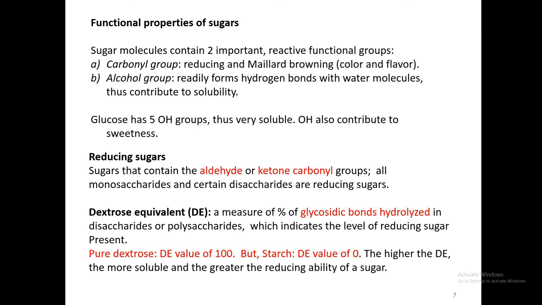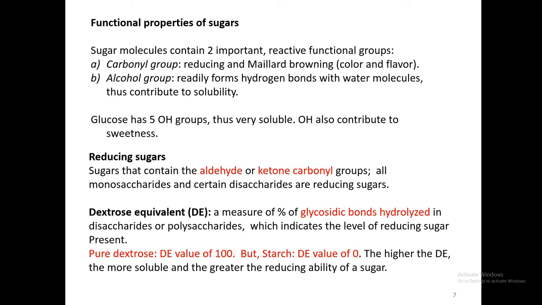Okay, then we have this reducing sugar, which is the sugar that contain aldehydes and ketone carbonyl groups. All monosaccharides and certain disaccharides are reducing sugar. All. A good example will be glucose is reducing, well, xylose, ribose, galactose.